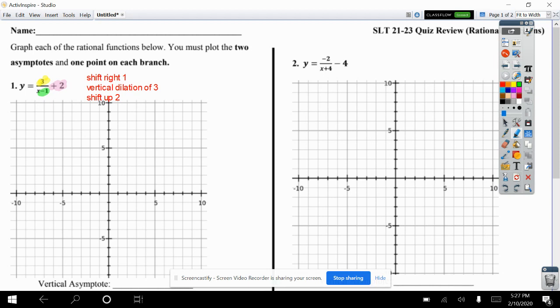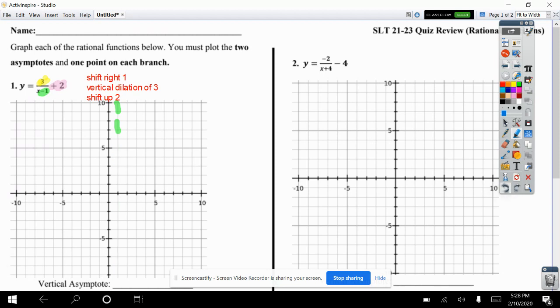So I've got my vertical and my horizontal asymptote that originally on my original graph are at 0 and 0. So both asymptotes are originally on the x and y axes. So if I shift right 1, that's going to change my vertical asymptote. So it's originally at 0. I shift right 1, my new asymptote is going to be at 1. So this is going to be the asymptote.